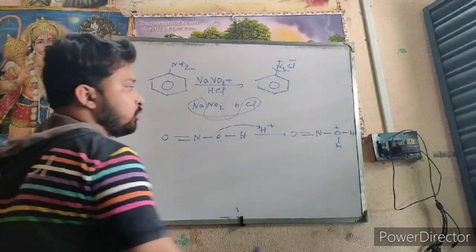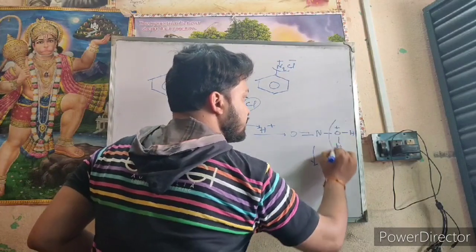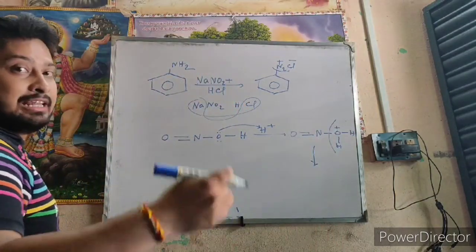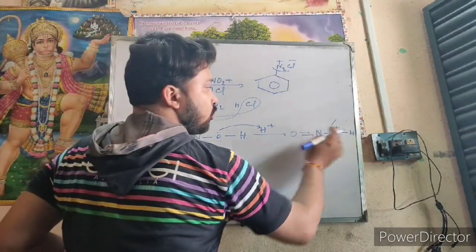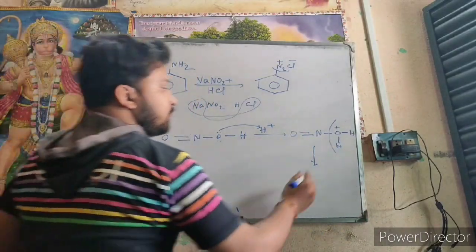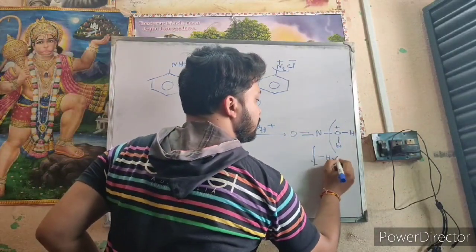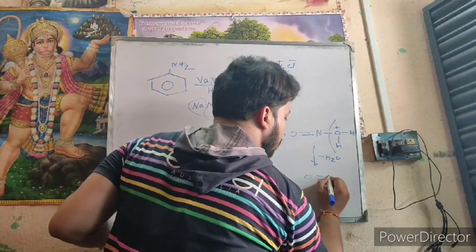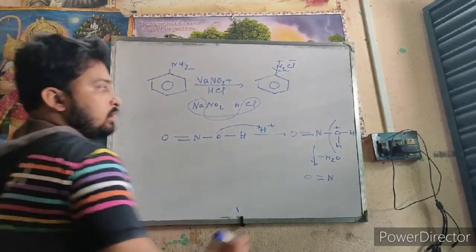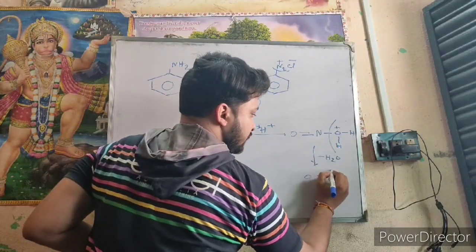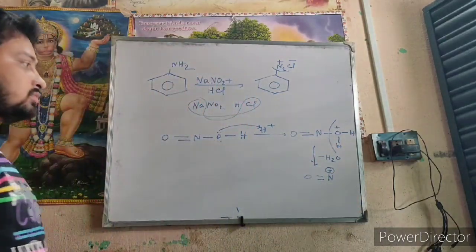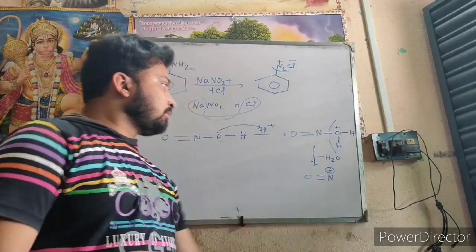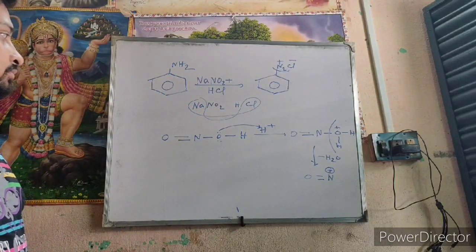We know that water is a good leaving group, so H2O is a good leaving group. If we remove it, we get O double bond N plus, so NO plus.